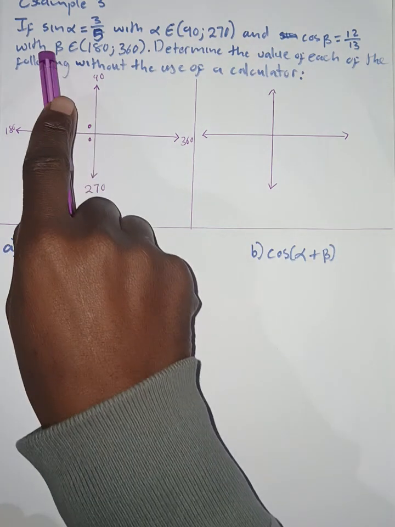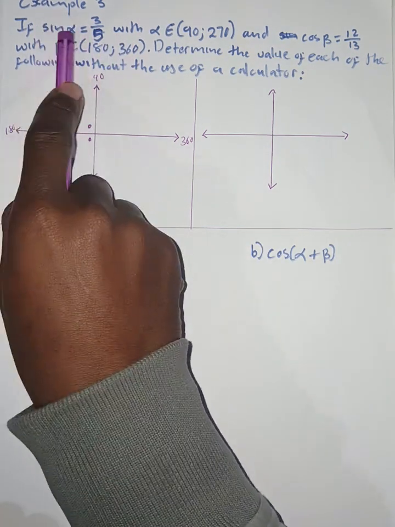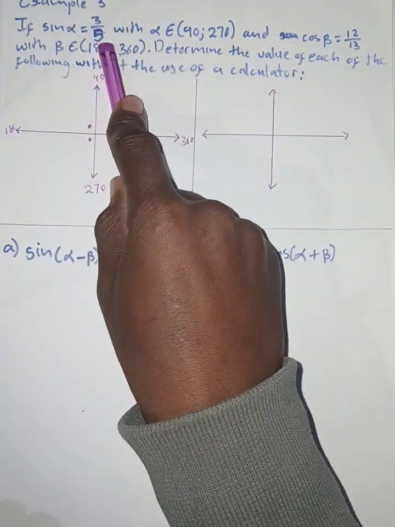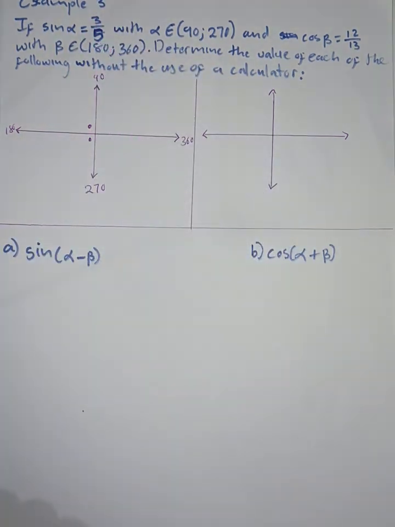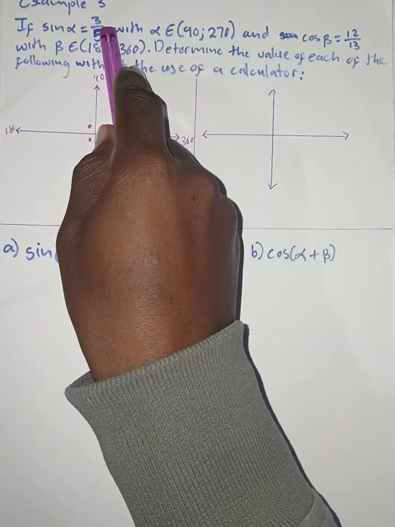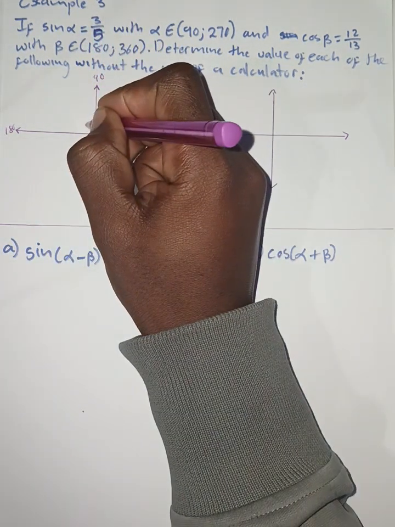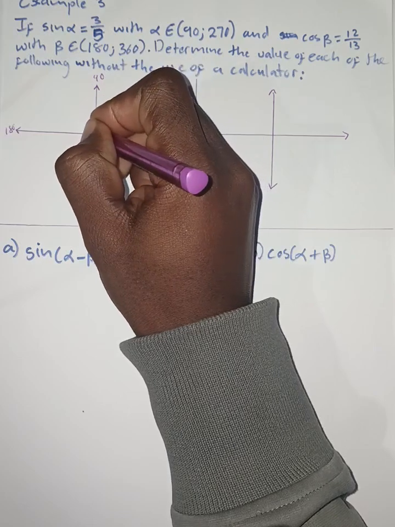Now the other information: sine of alpha is equal to 3 over 5. We can see that ratio is positive, and we know that sine in the second quadrant is positive.